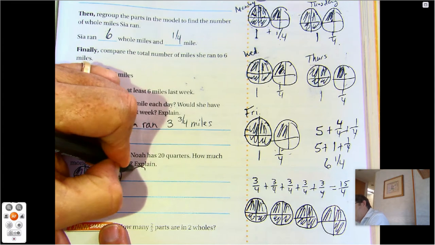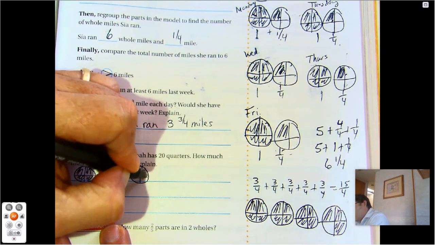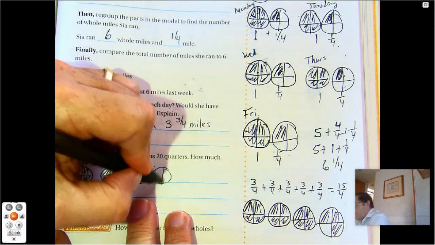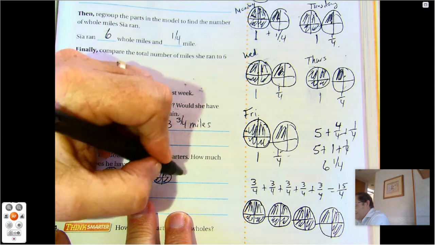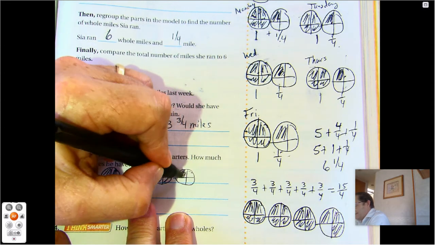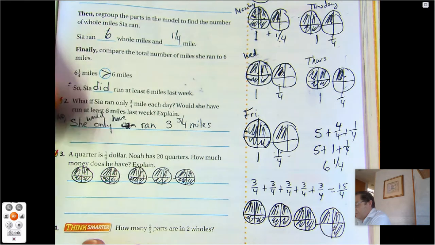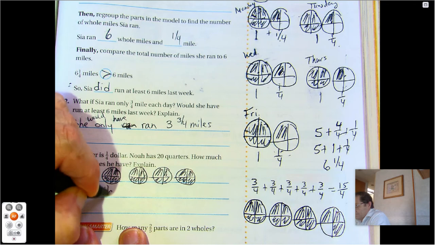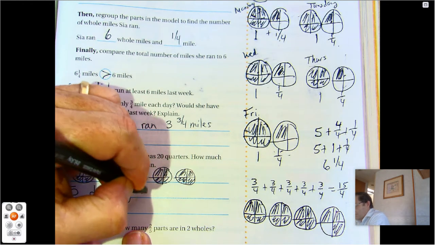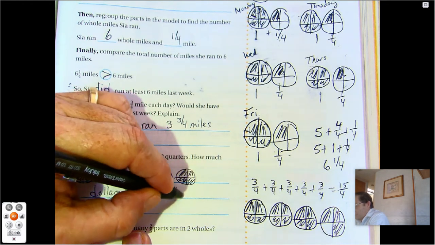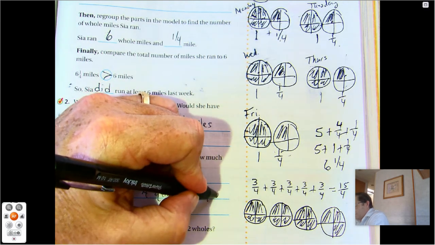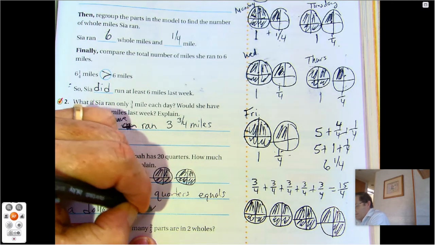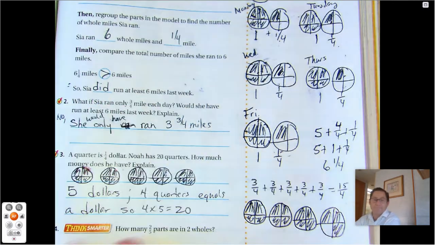Now I'm going to keep adding circles of 4 until I get to 20. 4, 8, 12, 16, 17, 18, 19, 20. All right, so that's $5. 4 quarters equals $1. So 4 times 5 equals 20.